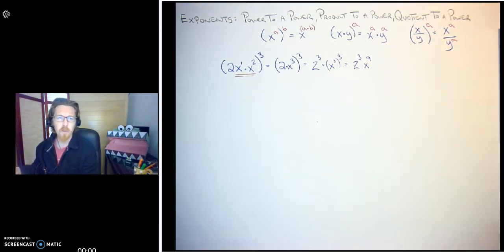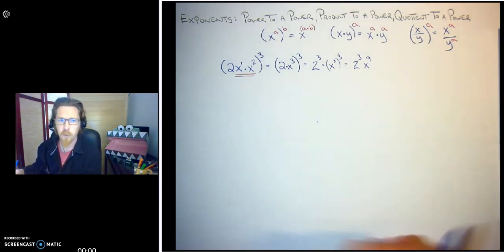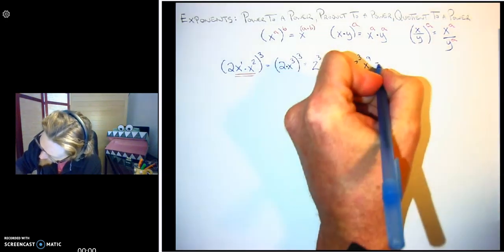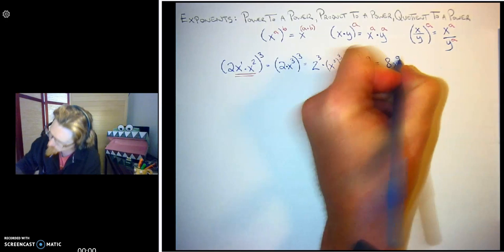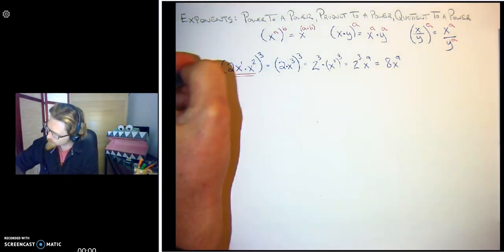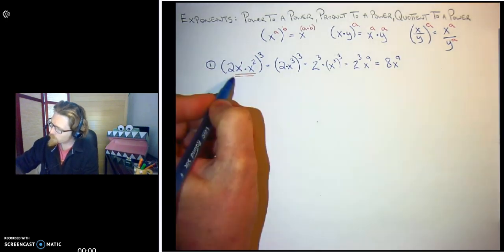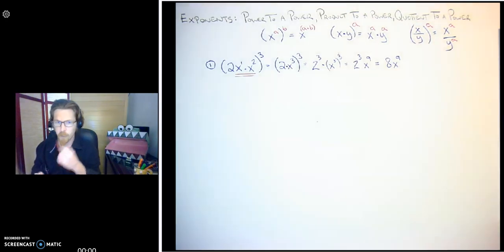Now because 2 to the third is a number that I can actually evaluate, I'm just going to do that. 2 times 2 is 4, times 2 is 8. So 2 to the third power is equal to 8. Now x to the ninth, because we don't know what x is, we're going to leave it as x to the ninth. So in our first example, 2x times x squared all to the third power is equal to 8x to the ninth.